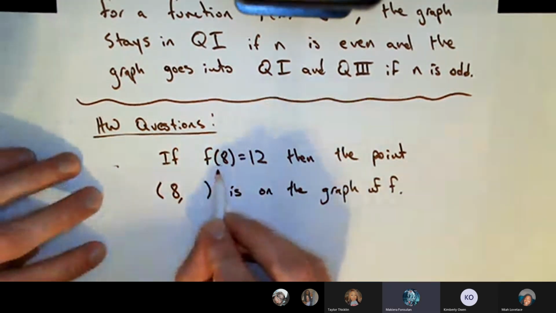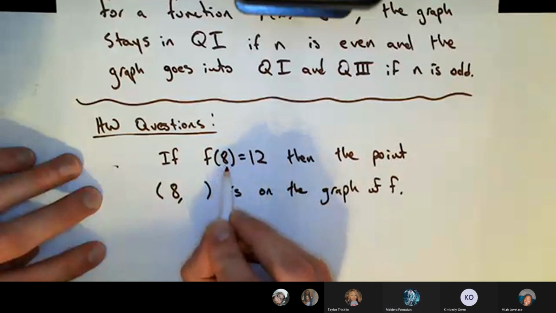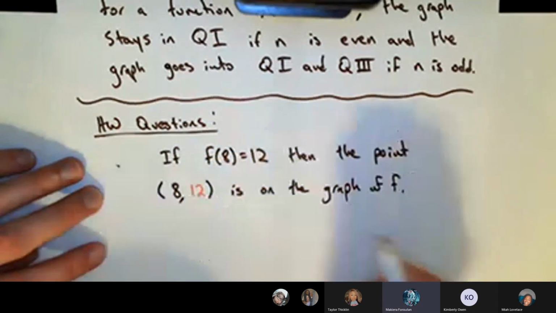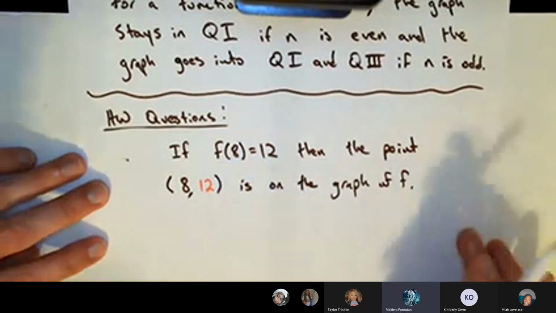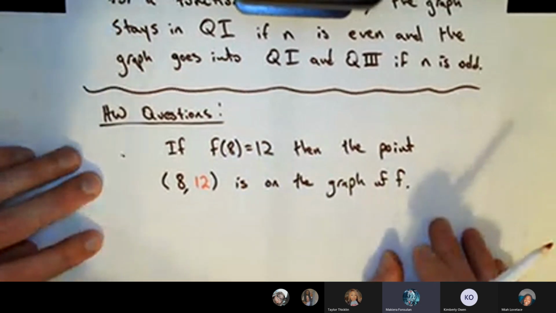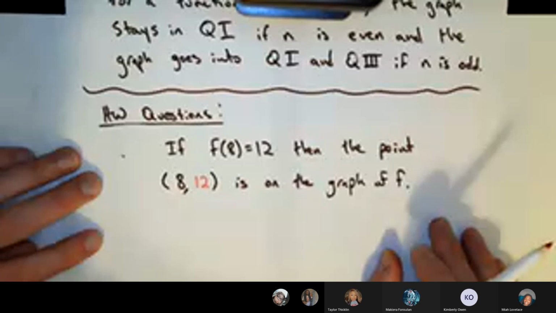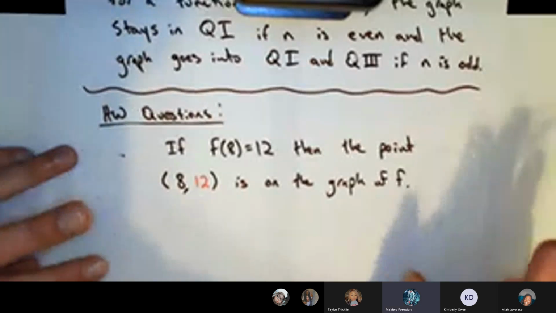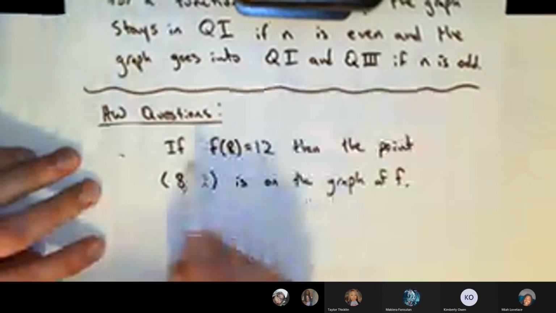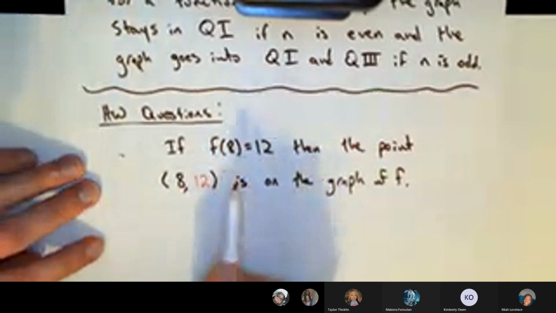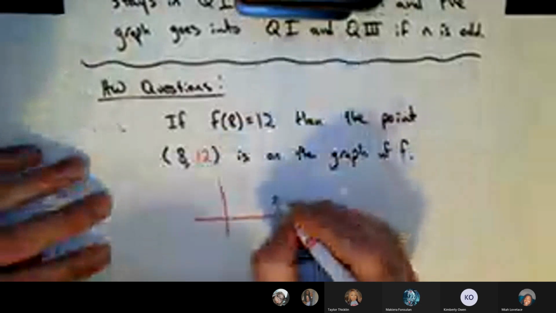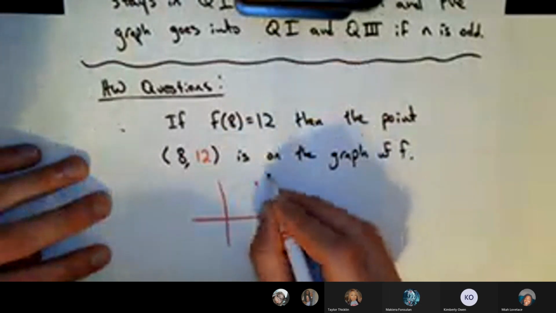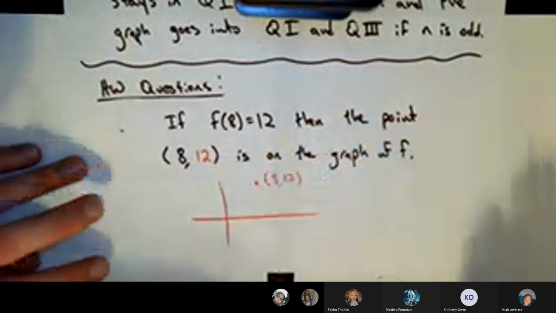So if f of 8 equals 12, the input is 8 and the output is 12. Okay, I was confused. Sorry. Yeah, you're probably thinking 12, but thought maybe that was too easy of an answer, but that is it. When we say f of 8 equals 12, that literally means for whatever this function f is, we don't know what it is, but that means the coordinate point 8 comma 12 is on the graph of f.